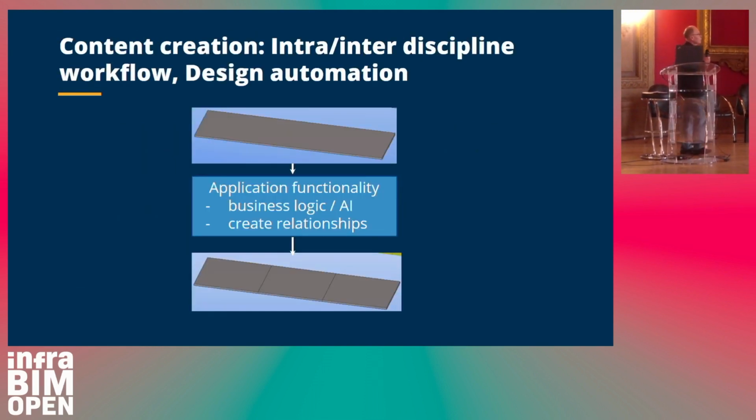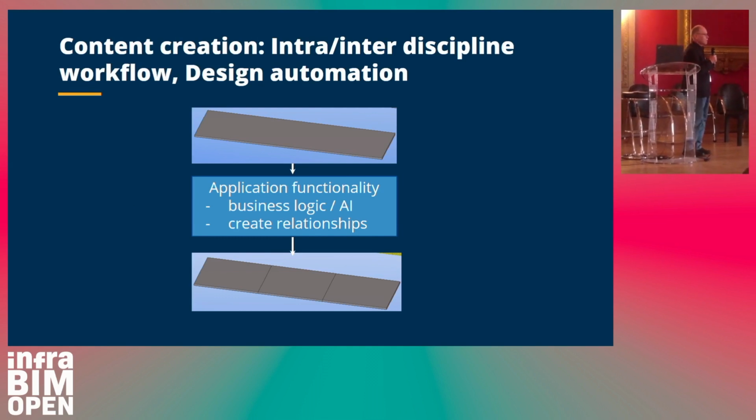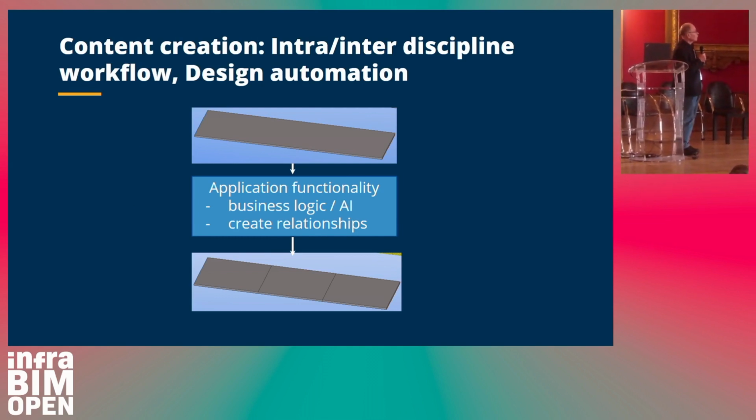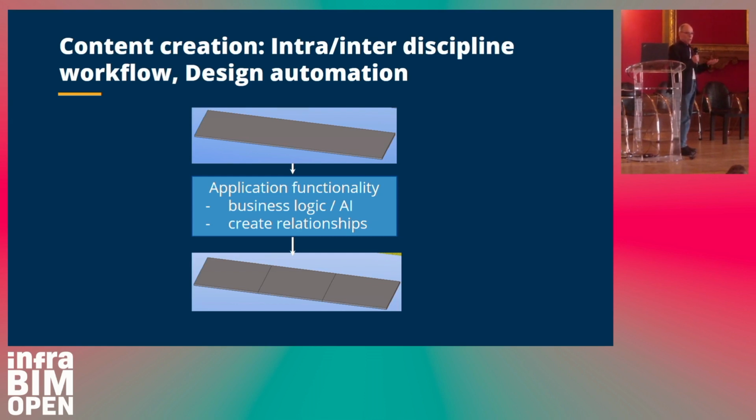Then a bit about how I envisage that content creation happens in this, because I said earlier that this concept also fulfills the BIM's original promise, that you don't have to enter data twice. You don't have to re-enter the same data again and again in different systems. So this is how it works. You take that data, so the architect has given the slab, now the same example, to the structural engineer.